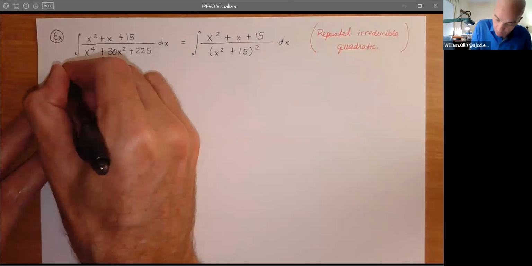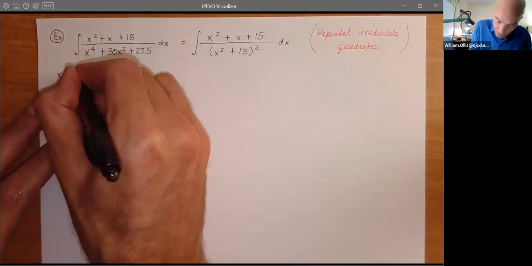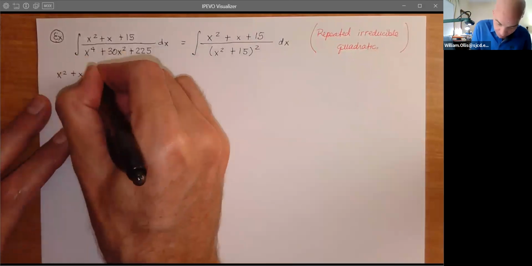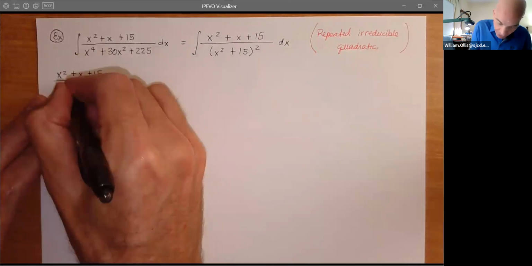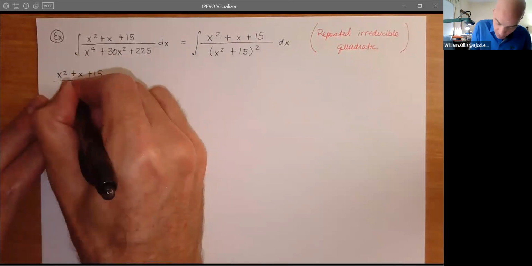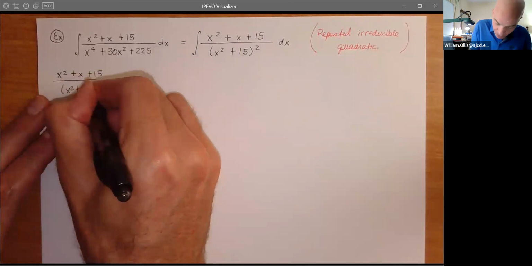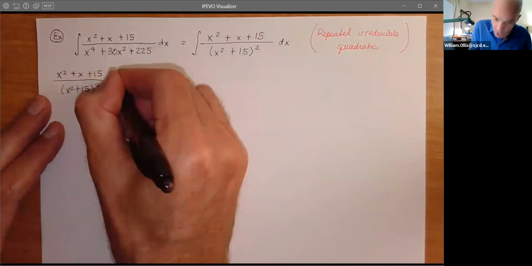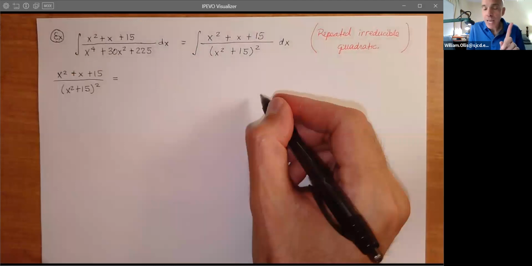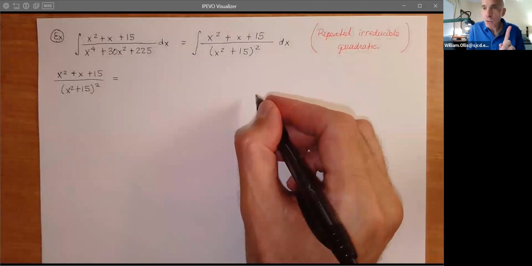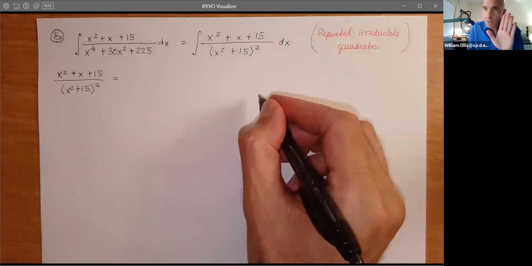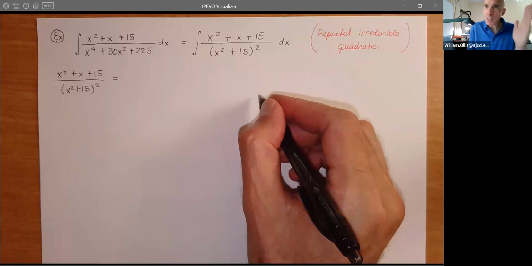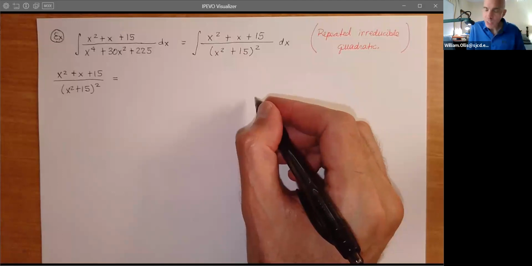So x squared plus x plus 15, and then we have x squared plus 15 times itself. So remember, we have a repeated irreducible quadratic. So we have one term with the first power of the quadratic, and then we have the second term with the second power. So we ascend to the highest power, which is 2.